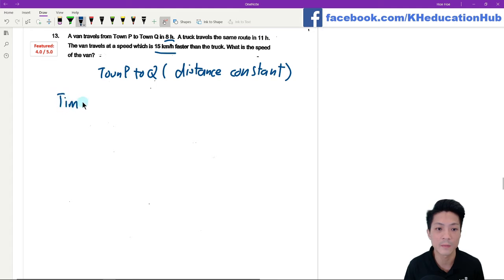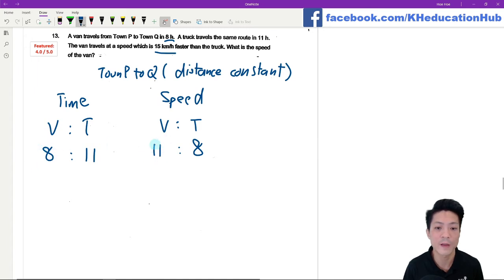The time of the van is to the truck is 8:11. Okay, is the opposite of the ratio of the speed, which means that the ratio of the speed of the van is to truck is 11:8. Okay, if you take lesser time, it means that you're traveling at a faster speed.